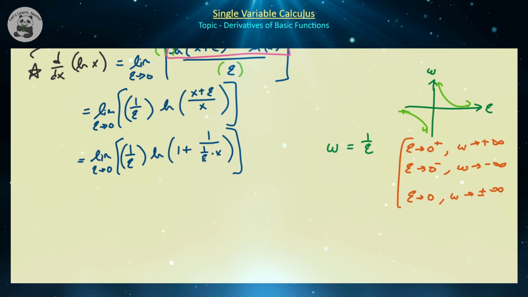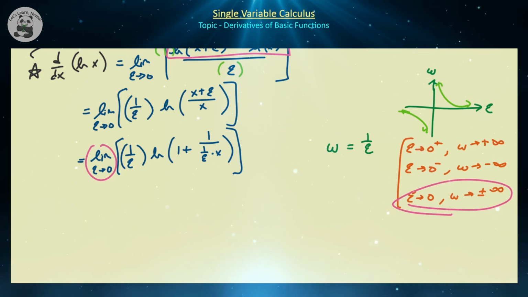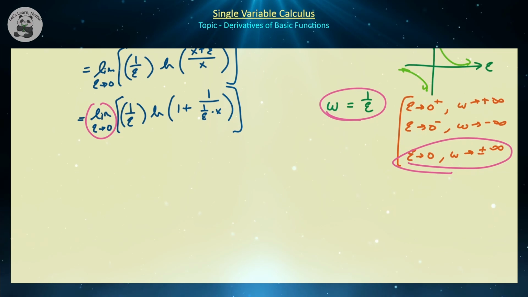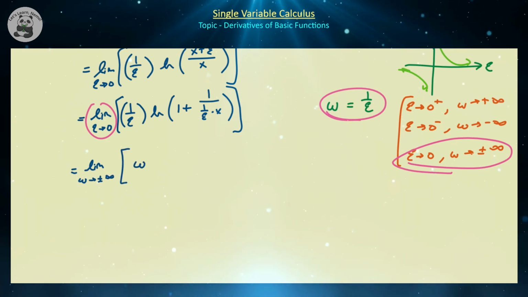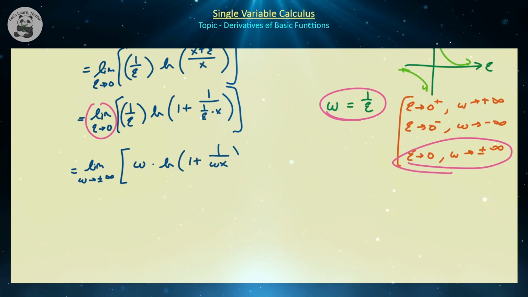So what I'm going to do is I'm going to change this limit from epsilon in terms of omega, and everywhere I see 1 over epsilon, I'm going to be replacing that with omega. So this limit is equivalent to the limit as omega approaches plus or minus infinity of omega times the natural log of 1 plus 1 over omega x.